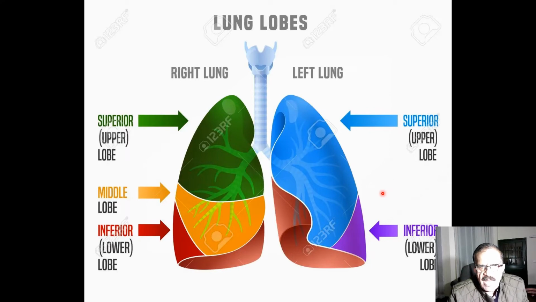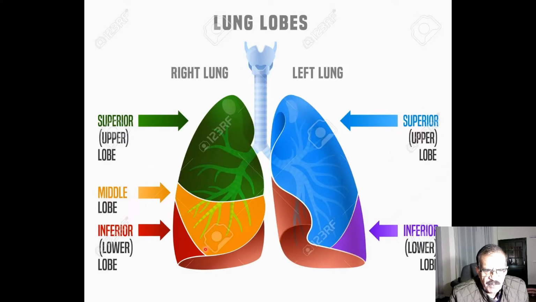To understand the consolidation and collapse, we need to understand the normal anatomy of the lungs. We have two lungs. They consist of lobes. On the right side, the one in green is the upper lobe, the orange is the middle lobe, and the red one is the lower lobe.